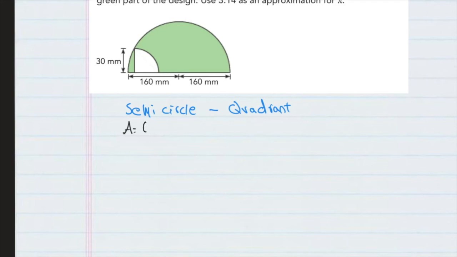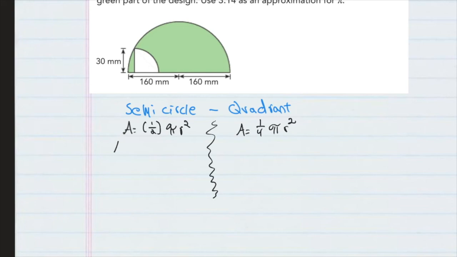So we would say it's 1/2 pi times the radius squared. And the quadrant would be 1/4 pi, and it's still times the radius squared, but we have a much smaller radius for that quadrant. And let's do these separately, and then we subtract at the end.